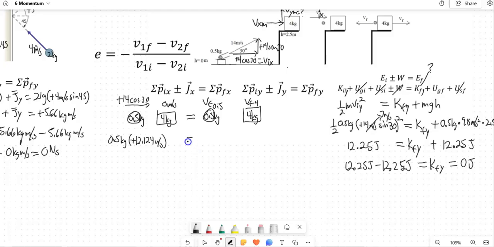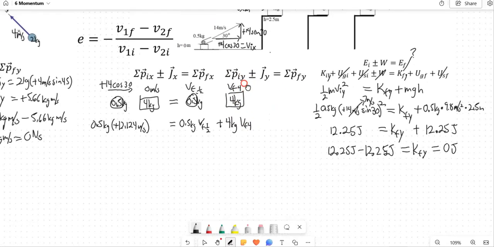This is just 0, and this is 0.5 kilograms V final, and I should just put a half. That'll look a little bit better. V final, a half. So that's a half kilogram plus 4 kilograms V final 4.